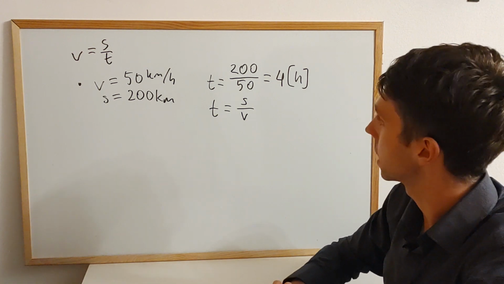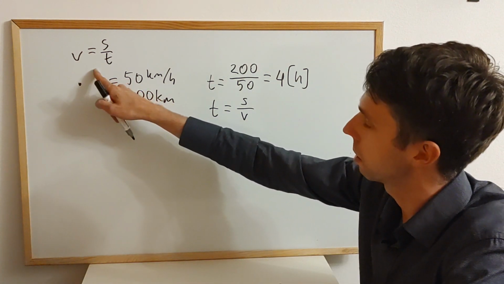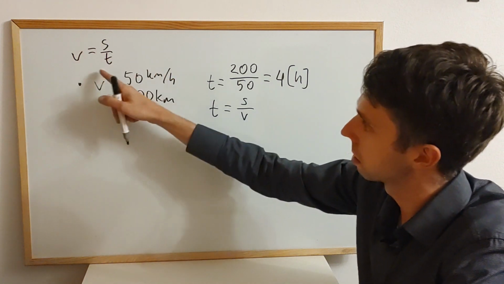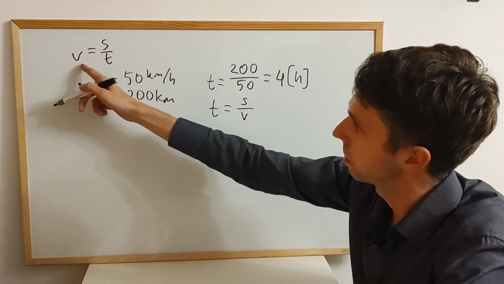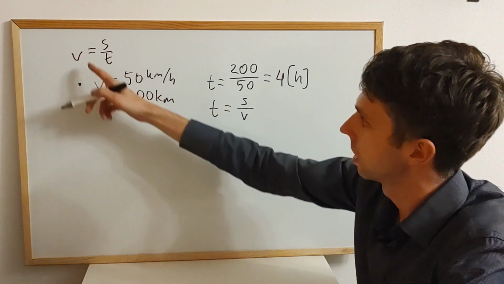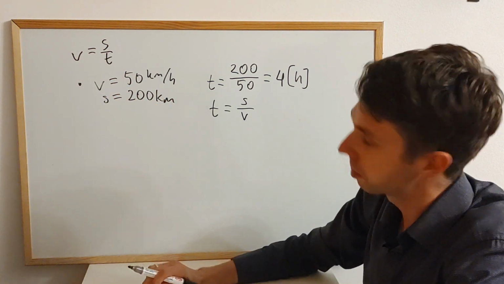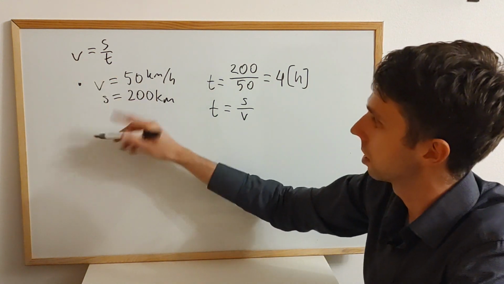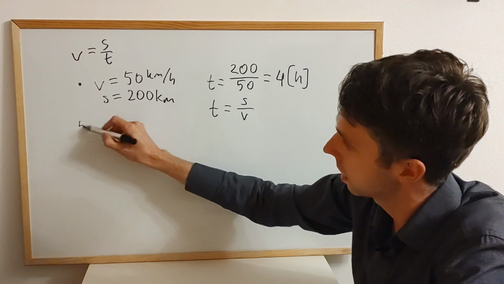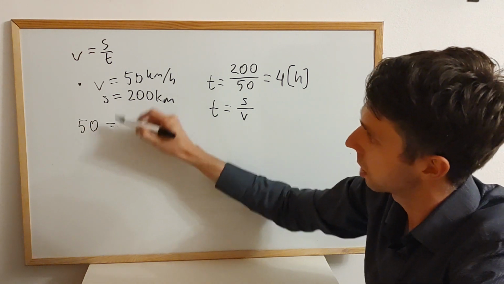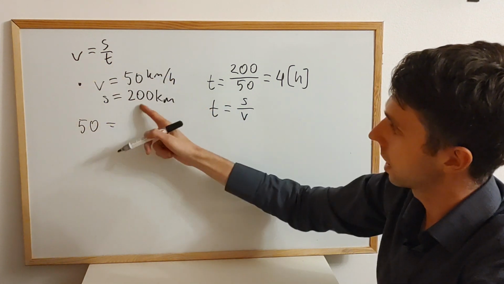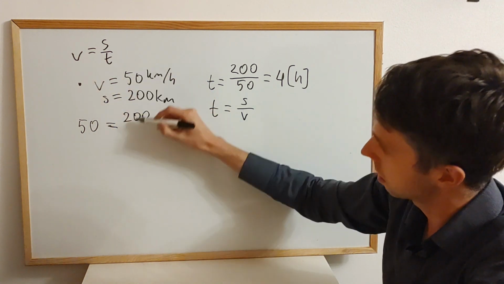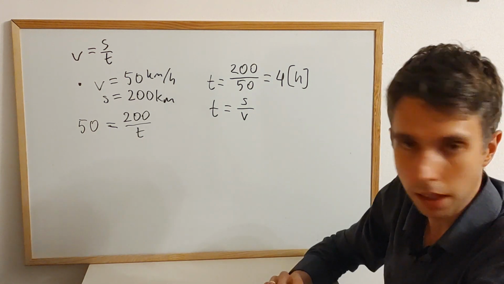Another way of thinking about it. Let's take our most important formula, speed equals distance over time, and let's plug in what we know. Speed we know is 50, so instead of v, I write 50 equals. Instead of distance, I write 200, and time I don't know, so I write t.